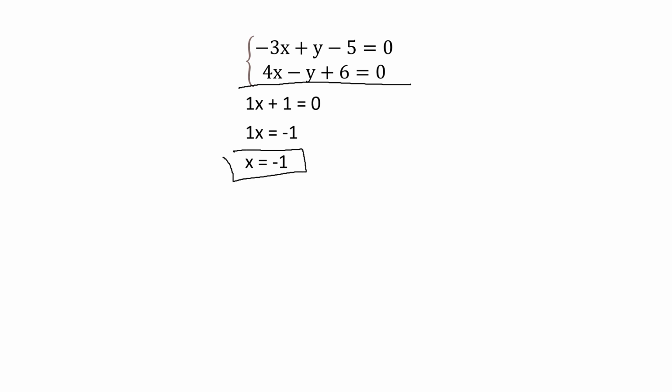There's my first point. Now I'm going to plug that in, and I chose my bottom equation to work. You could have picked the top one, and I may work that over on the side in a second, so if you did that top one, you can check it. Plug that value for x in, so you have 4 times -1 minus y plus 6 equals 0. -4 minus y plus 6 equals 0. Add my -4 and my 6, so I have 2 minus y.